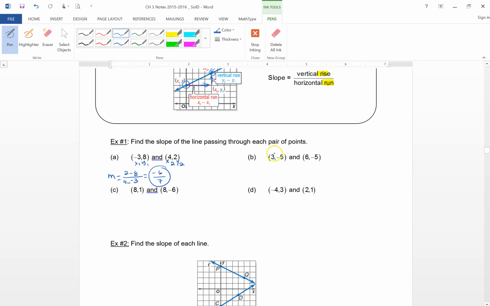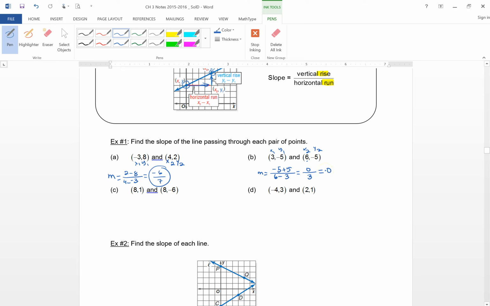Let's take a look at this one. x1, y1, x2, y2. M is negative 5 plus 5 over 6 minus 3. This is 0 on top, 3 on the bottom. What does that equal? 0.